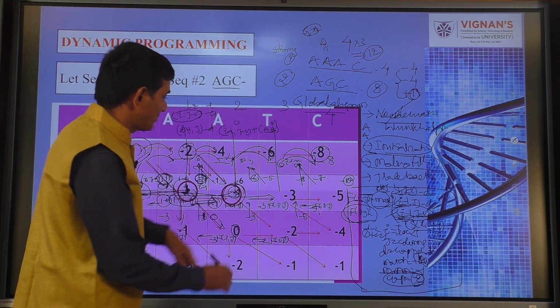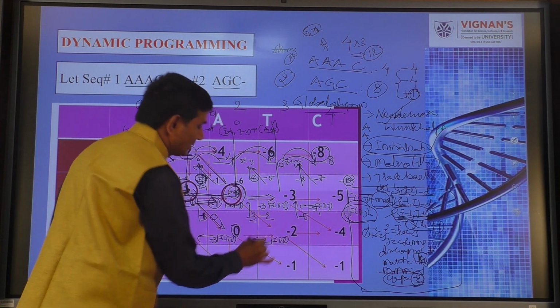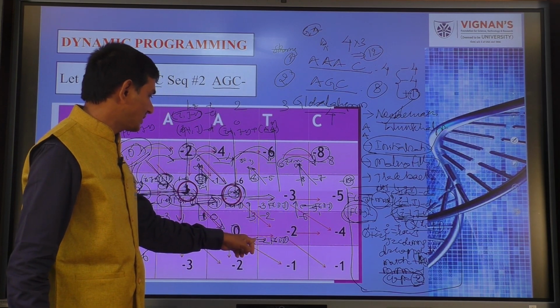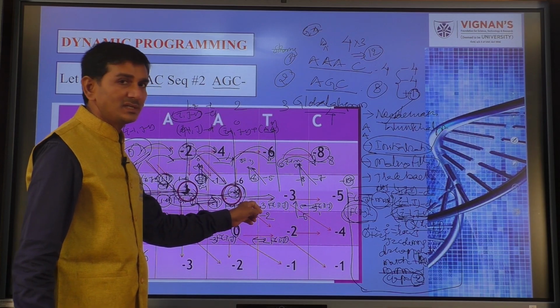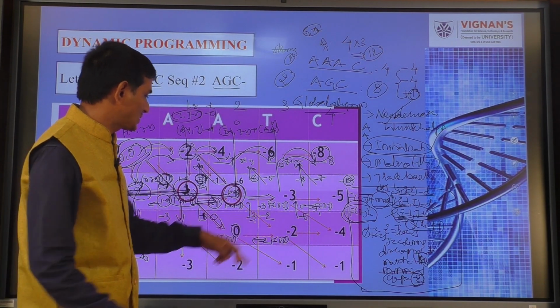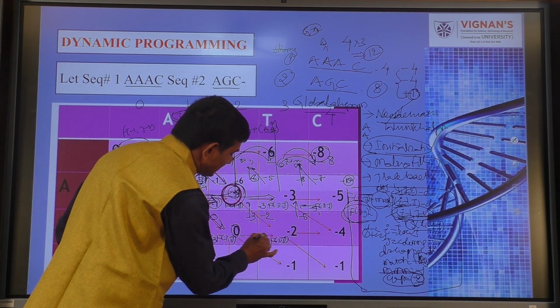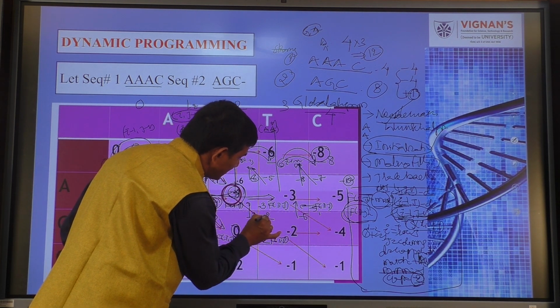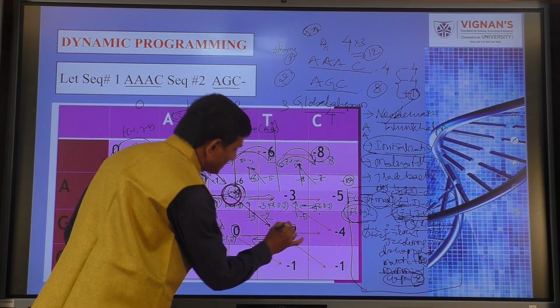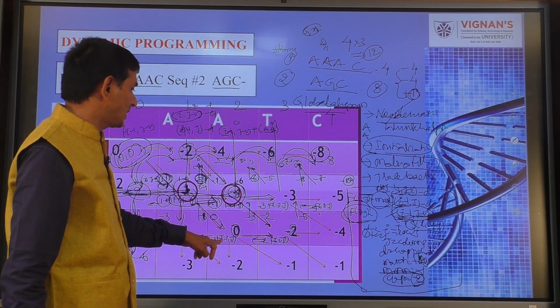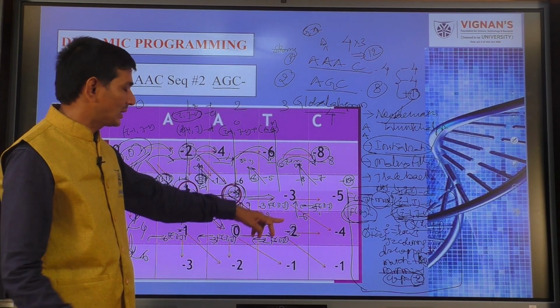So, minus 1 plus minus 1 is minus 2. So, the 3 possible values: change in row minus 5, change in column minus 2, and change in both row and column minus 2. Here, minus 2 is obtained in 2 orientations, change in column as well as change in both row and column. So, this matrix cell is filled with a value of minus 2, which is obtained because of change in column as well as change in both row and column.